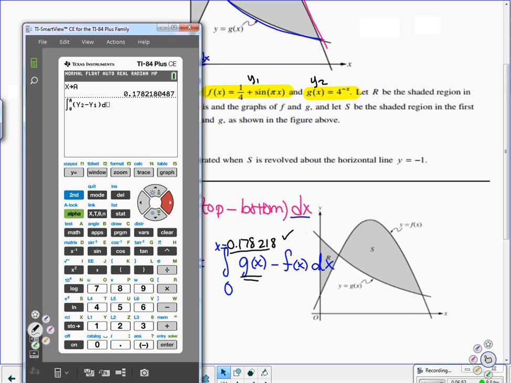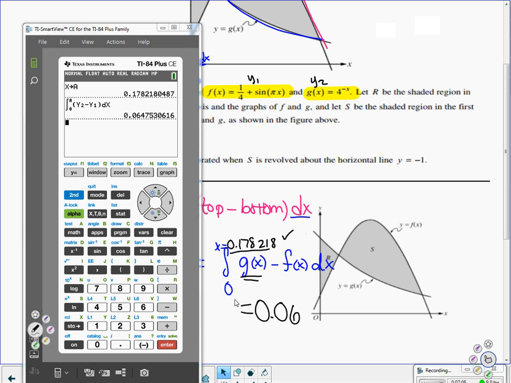Please don't just watch me do this. I want you keying that so that you are very comfortable with your calculator. 0.6464, or the other answer the AP would take would be 0.6465. So you can round or you can truncate. I think you remember that part.